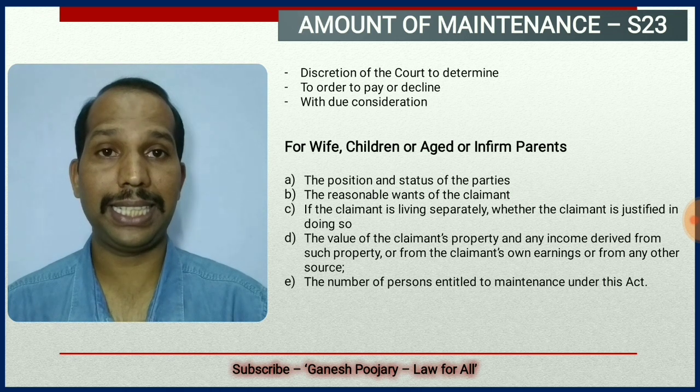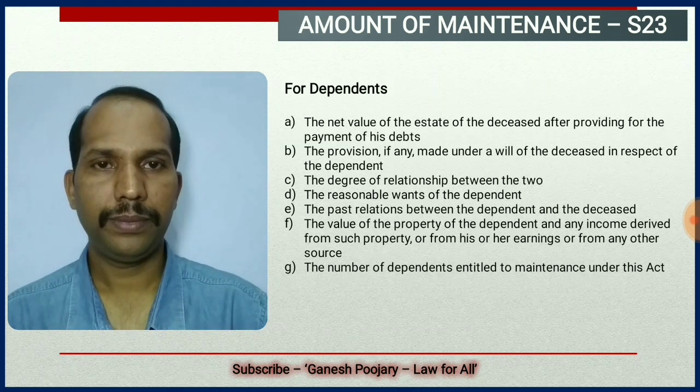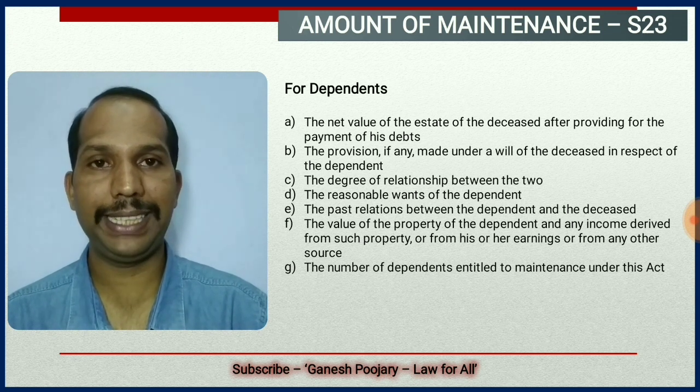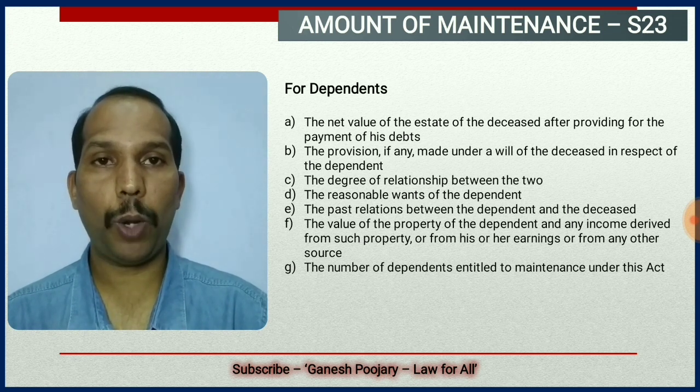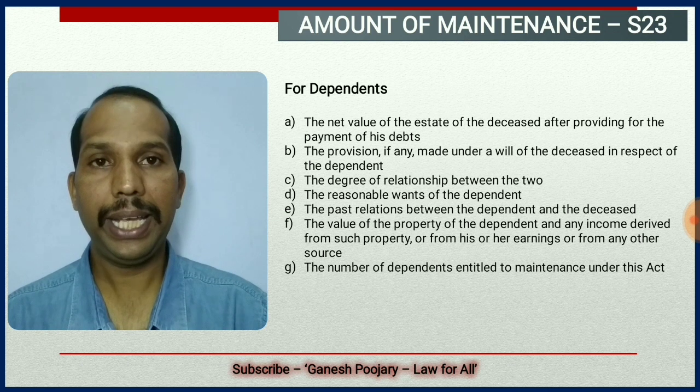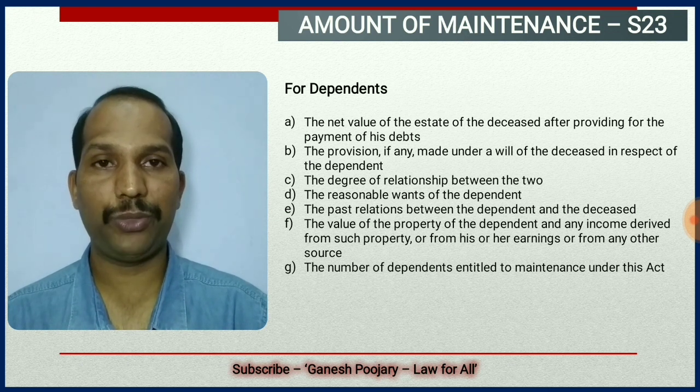Now let's try understand about dependents. As far as maintenance amount for dependents are concerned, court will check several factors before deciding the amount. It will check the total property available from the deceased, and it will see if there is any debts connected to such property. If any debts, the debts will be cleared first, and it will check if there are any wills available. If there are wills, then the wills will be given due consideration.